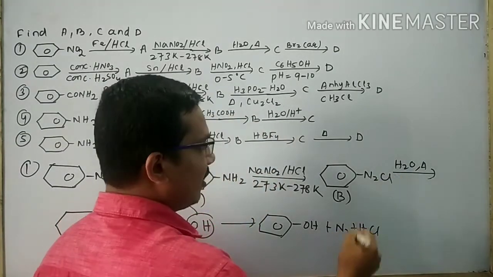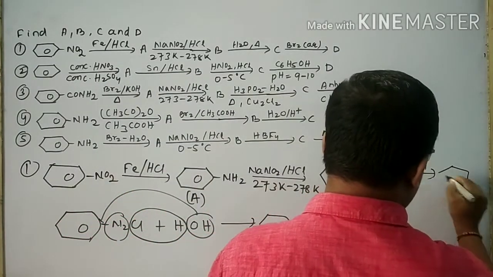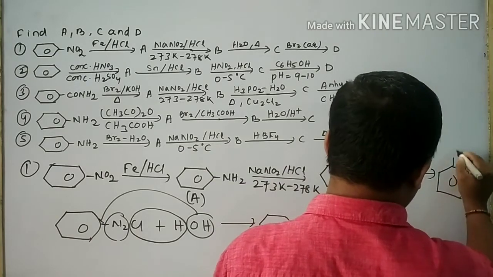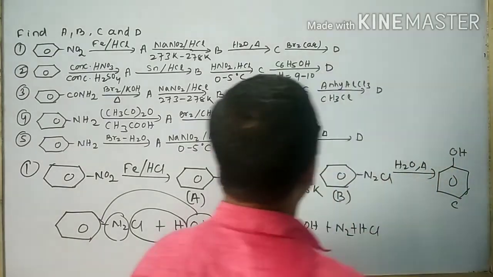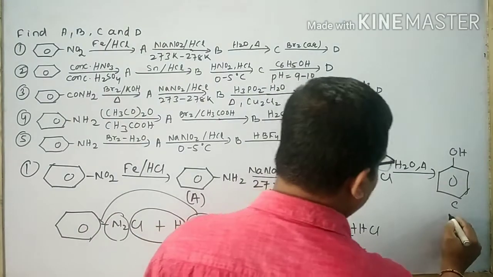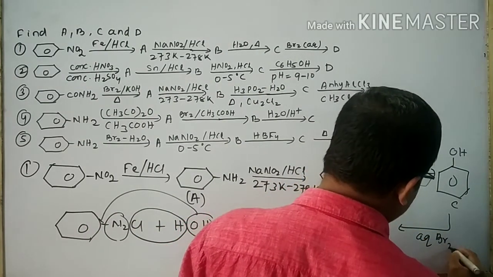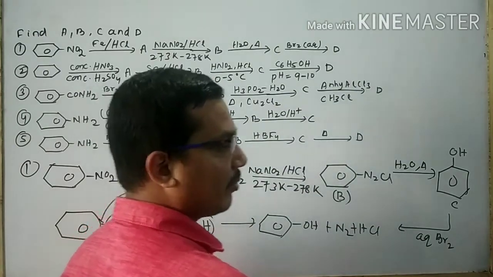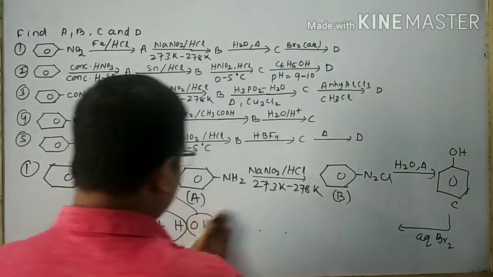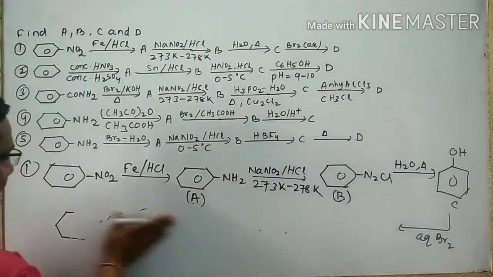So we can write here phenol as product C. Now C is treated with aqueous bromine, that is Br2 plus water. Then what will happen?